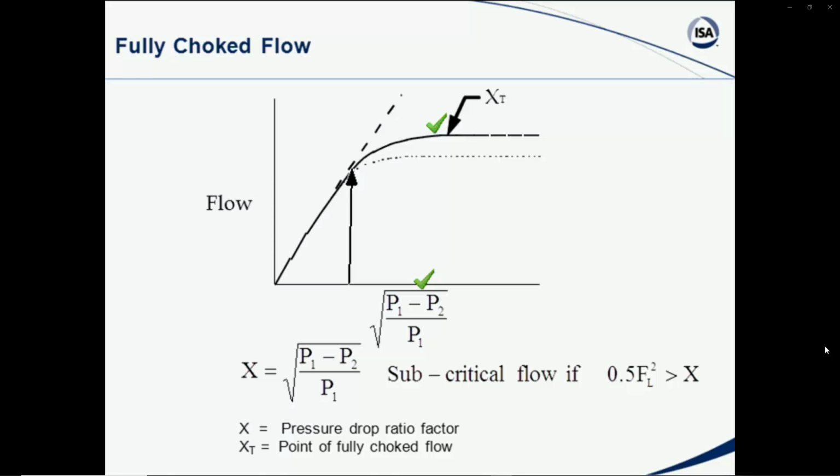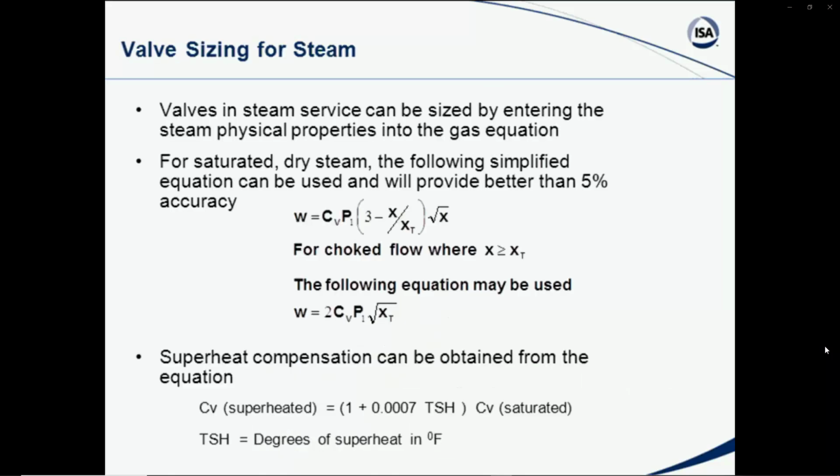So you do need to be aware of that and of the definition of the pressure drop ratio factor. And typically you can use that to calculate and see if you do have a fully choked flow condition. So again, that's for compressibles or gas or vapor type applications.